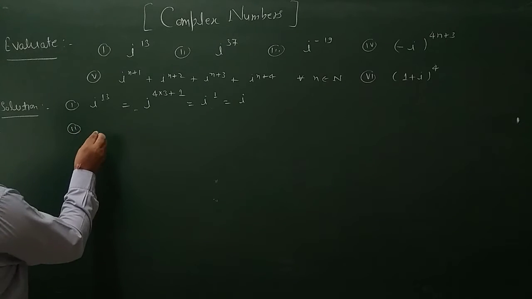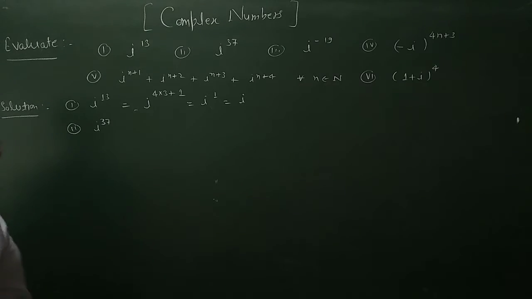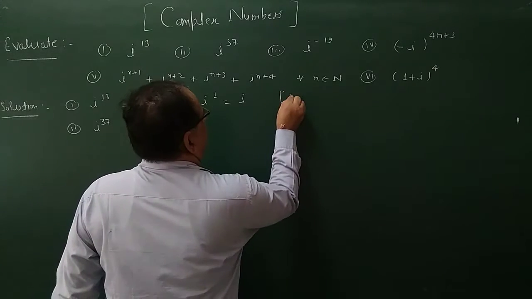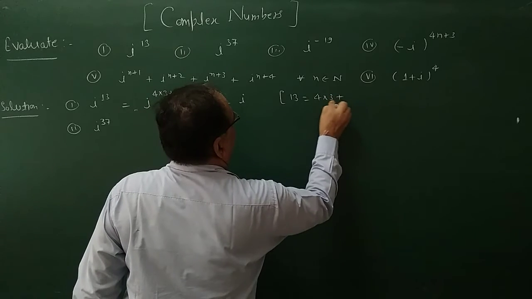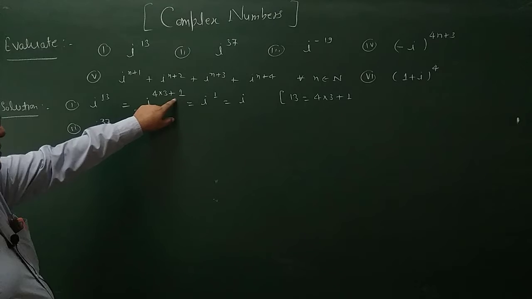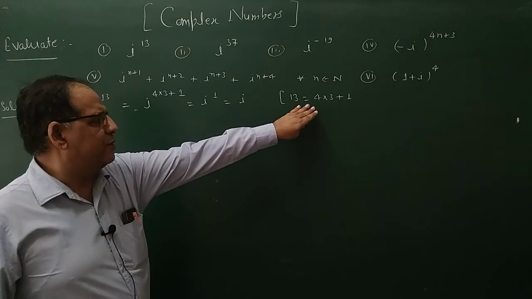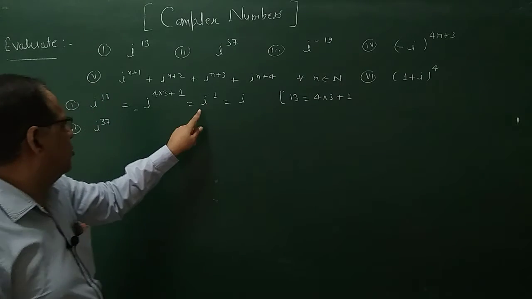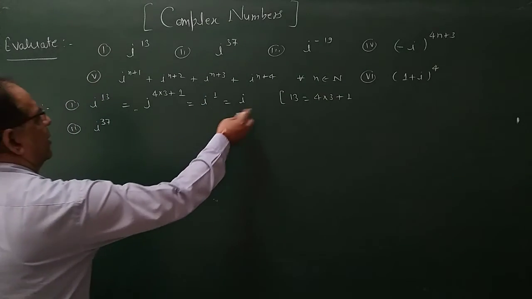Second part here, iota to the power 37. In this question we use Euclid lemma with the divisor 4. So 4 threes are 12 plus 1, and here iota to the power 1, or the remainder theorem also you can say. So iota to the power 1 is equal to iota.